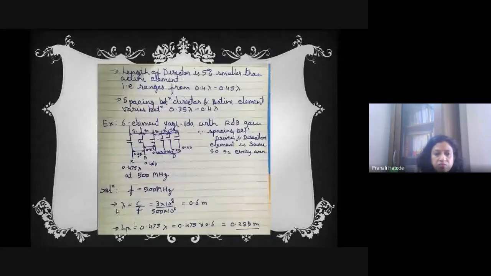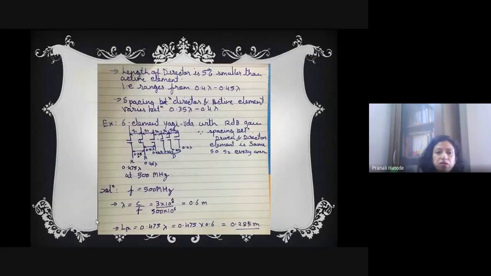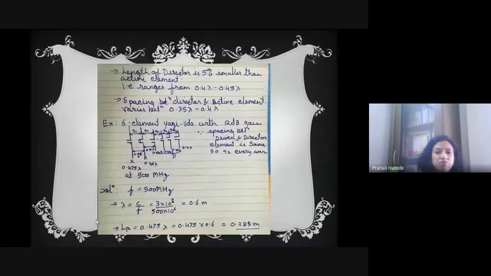As we start the design, first of all, we must find out lambda. It comes out to be 0.6 meters for 500 megahertz of frequency. Then I have tried to find out LR, that is the length of the reflector, according to the specifications given above. It comes out to be 0.285 meters.